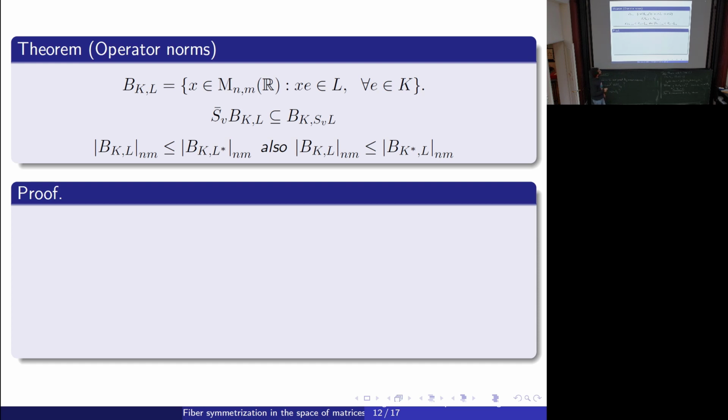As a consequence, since the inequality of volume goes in the right direction, this guy has larger volume than BKL. And if you repeat the process with many directions, you get an inequality of volume with L star, which is the Euclidean ball of the same volume.